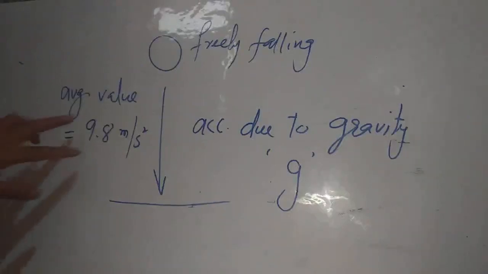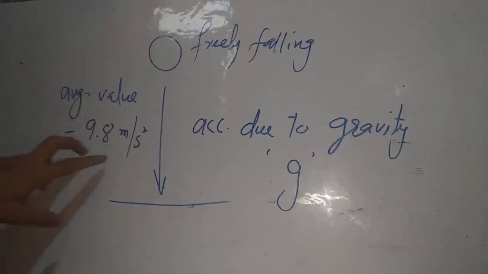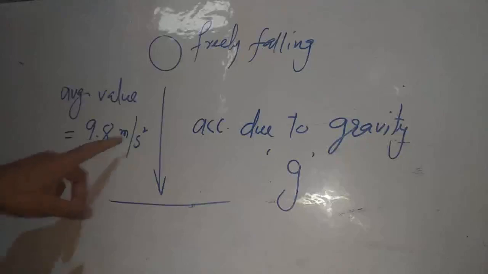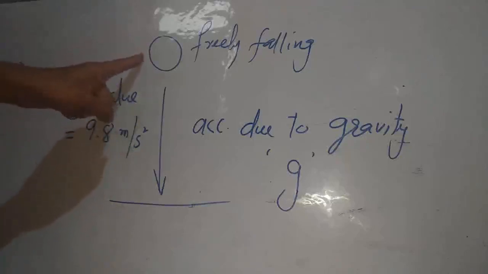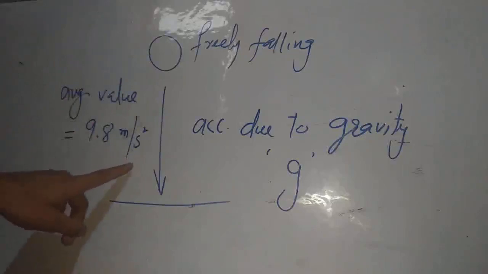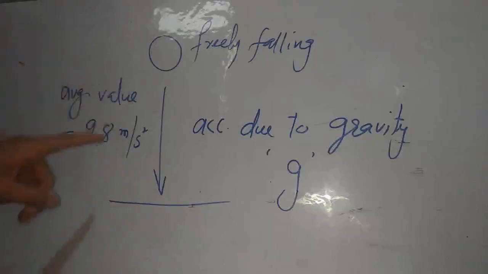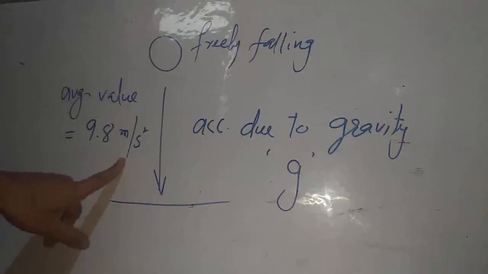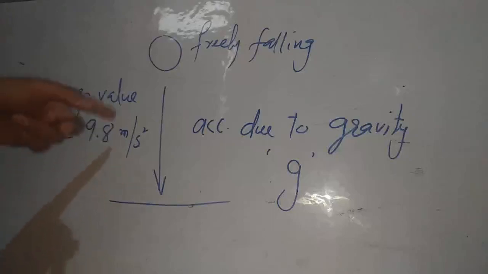So what does the g mean? 9.8 meter per second square. This is acceleration. It means that the velocity of the body increases by 9.8 meter per second every second. After every second the velocity will increase by this amount, 9.8 meter per second, if it is dropped from a certain height.